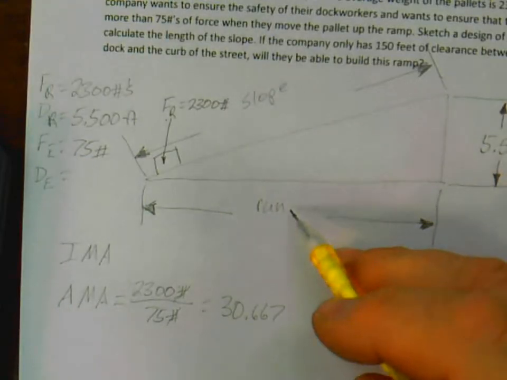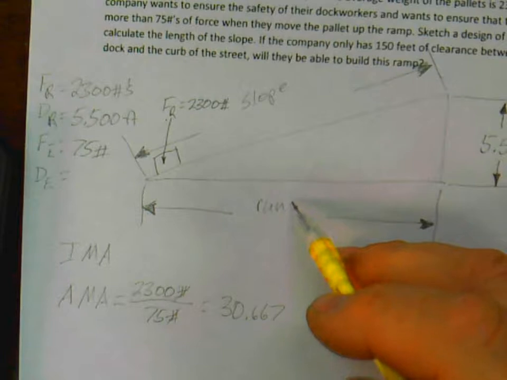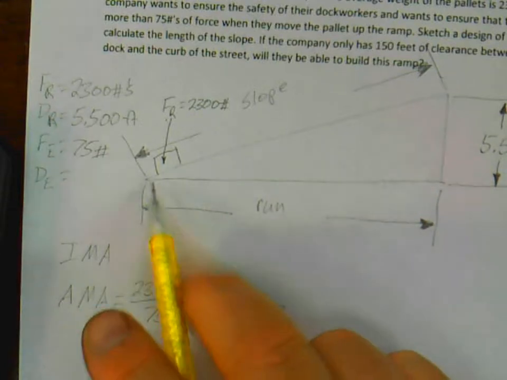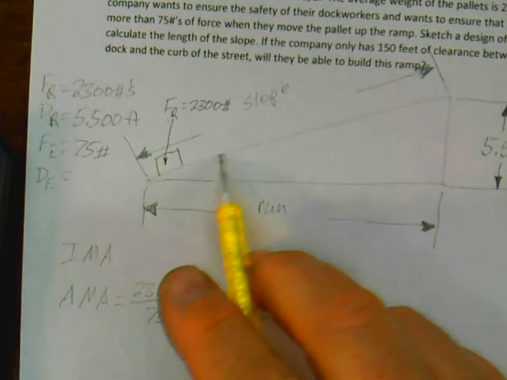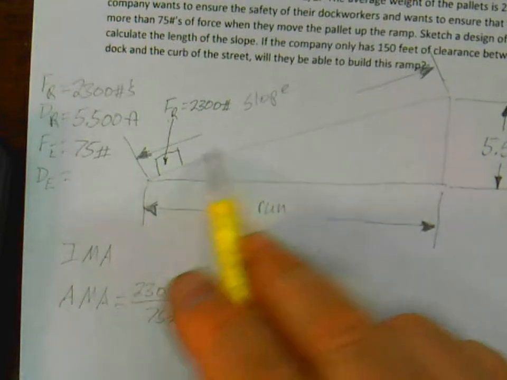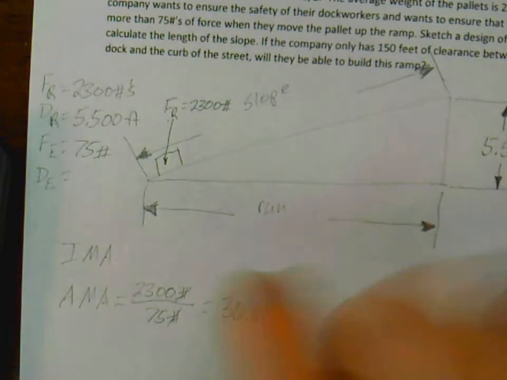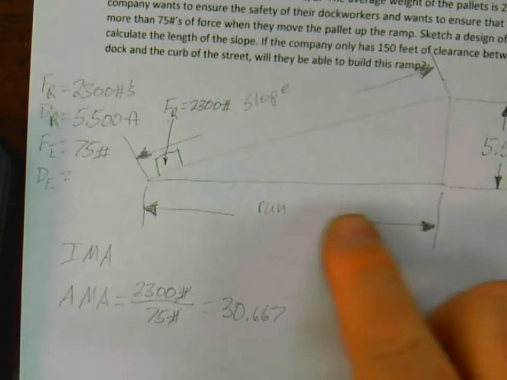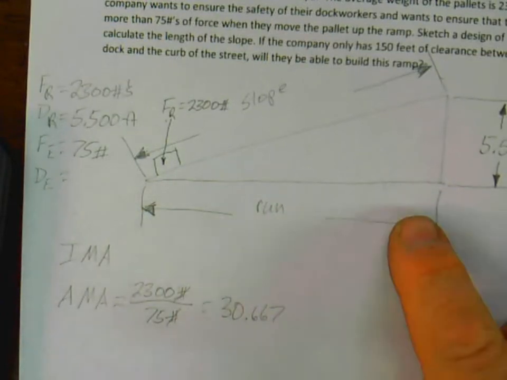Well, we are moving the pallet up the slope, so my distance of the effort here is actually the length of the slope. Yes, it's true, I'm only moving in my horizontal dimension the distance of the run, but I'm actually moving the pallet all the way up that ramp, so that's the total amount of length that I need.